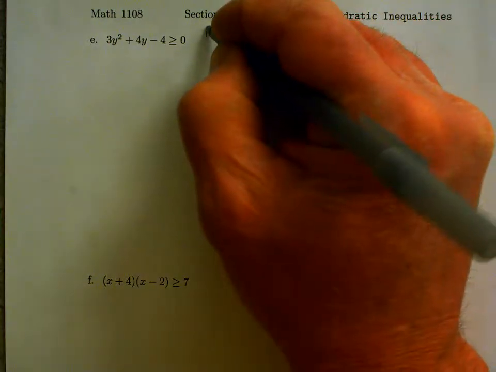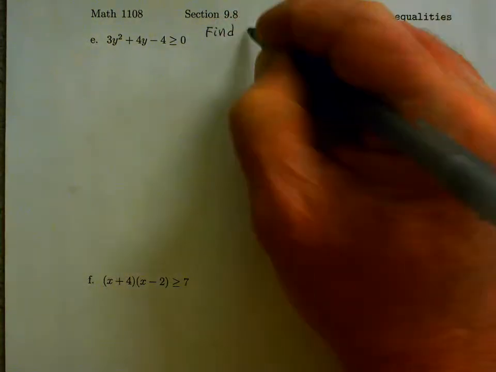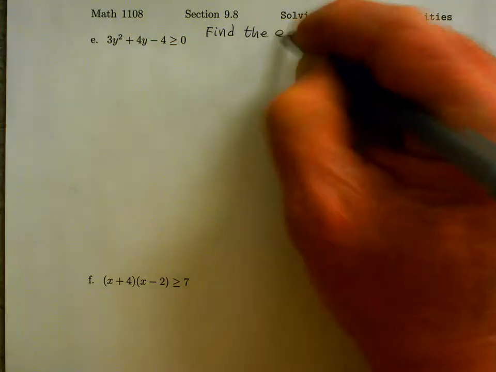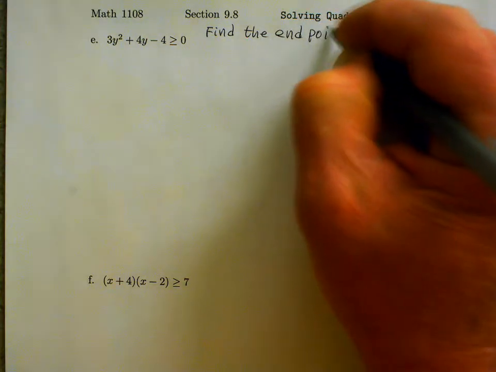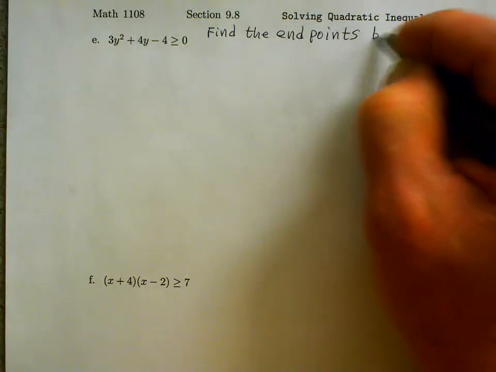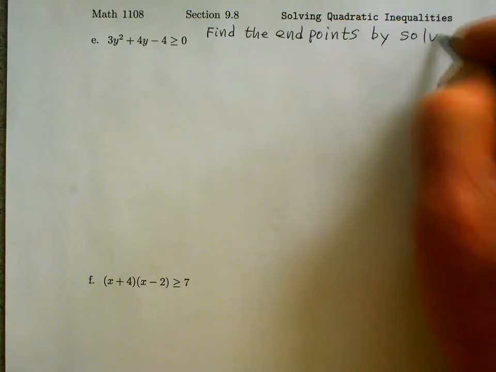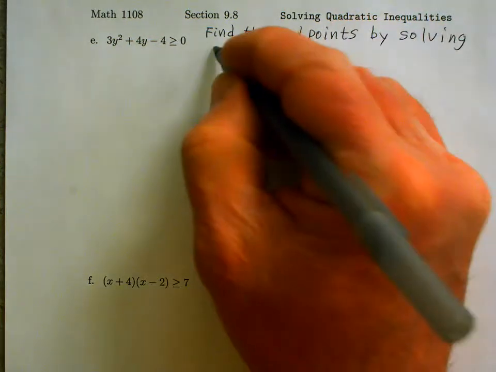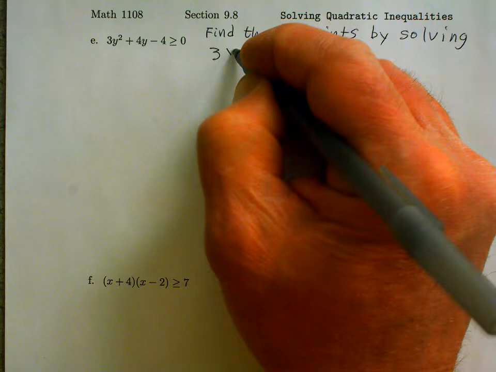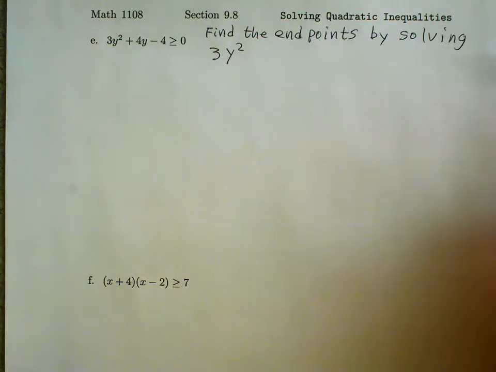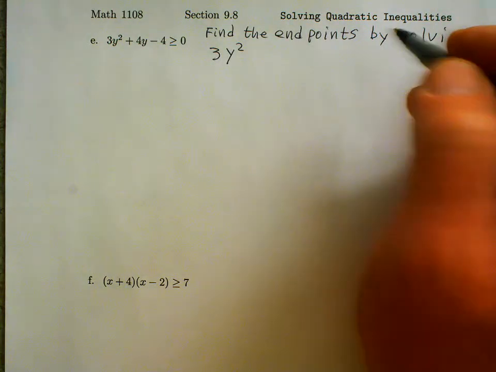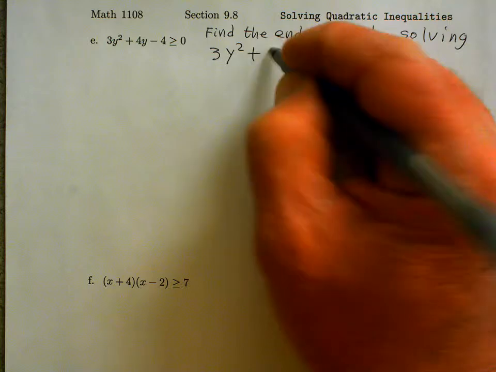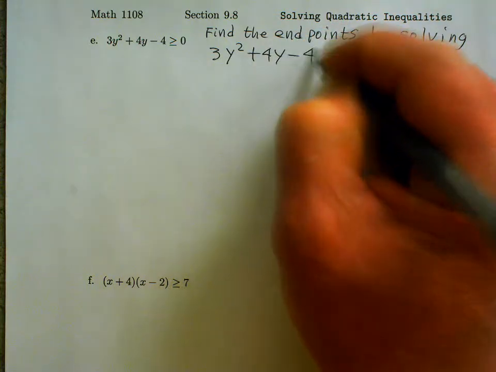So find the endpoints by solving the equation you get by replacing the inequality with equals. So solve 3y to the second plus 4y minus 4 equals 0.